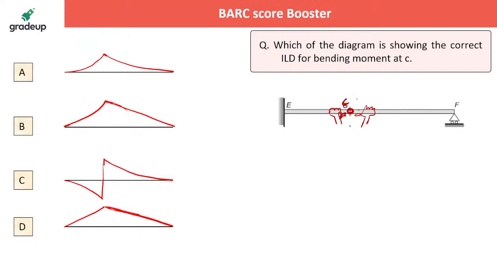Suppose this is your thumb, provide it. That's all. As it is an indeterminate structure, you know that a curved diagram will come out here. So if the joint C moves up, here you have a fixed support, you will get a curve, and the same curve will continue to the joint F. This is your ILD.